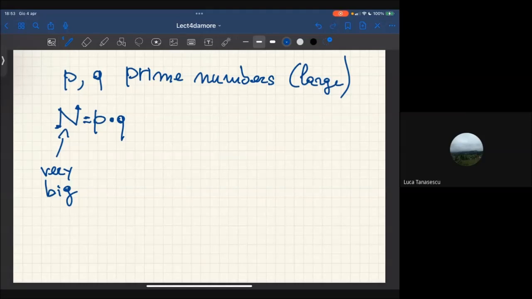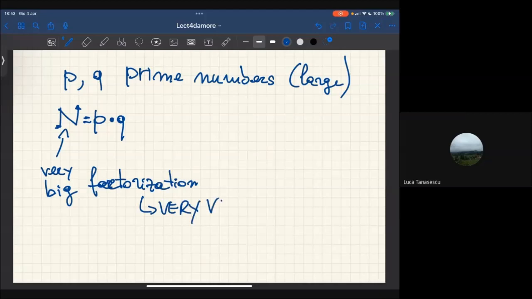the problem of factorizing N, factorization, is very, very, very hard. For modern computers, this problem is very, very hard, especially when the number N has thousands of digits.